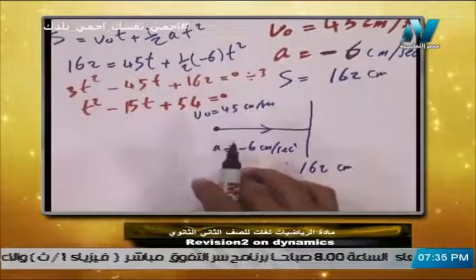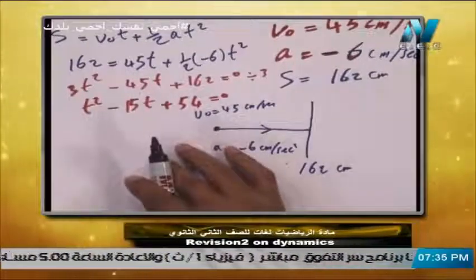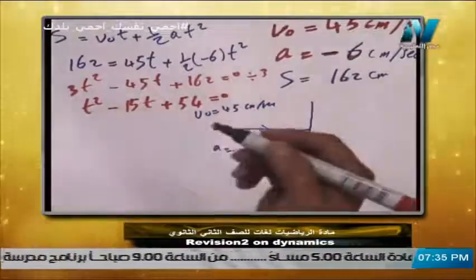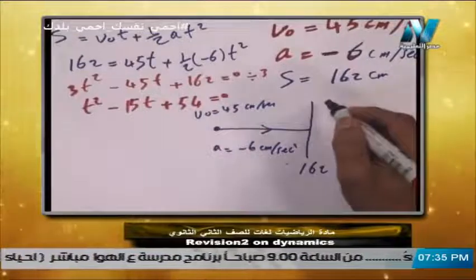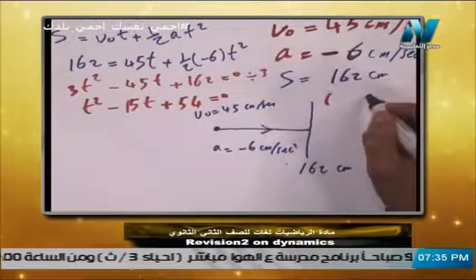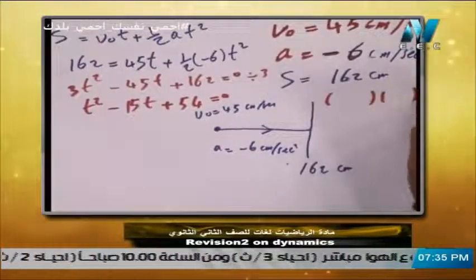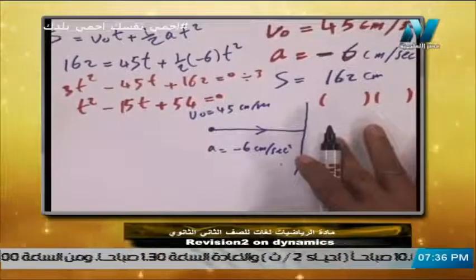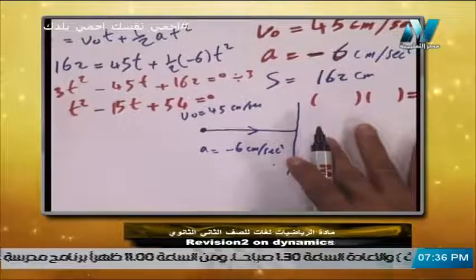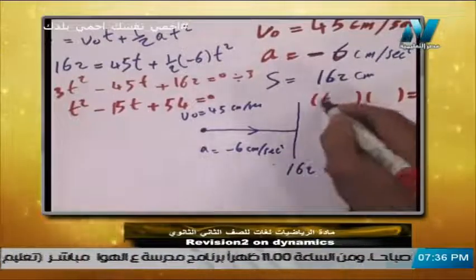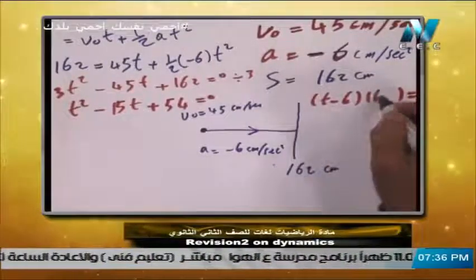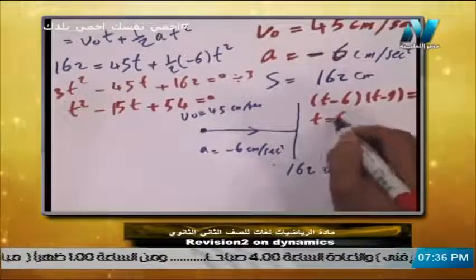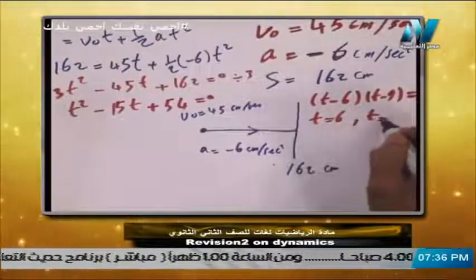By using any method to solve the equation, we can find it by factorization, for example. It will be T minus 6 and T minus 9. So T equals 6 and T equals 9.